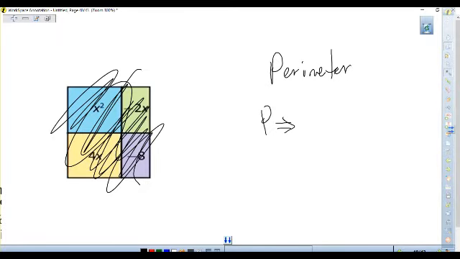Anyway, it's 2 sides. 2 length times 2 width.